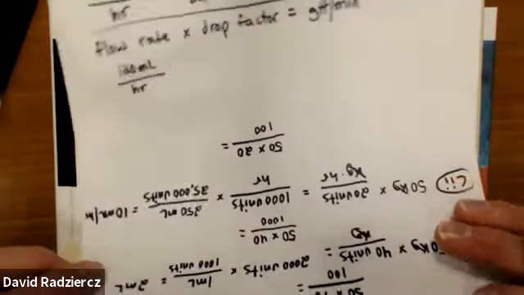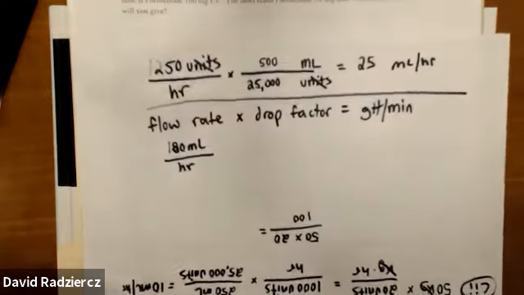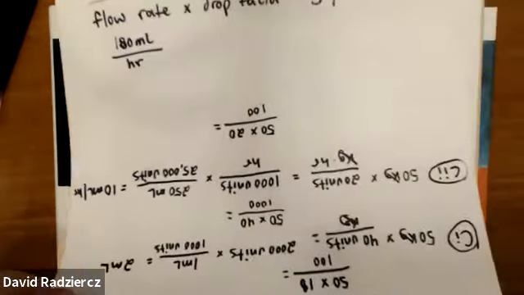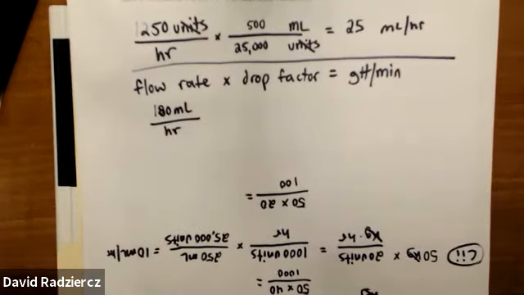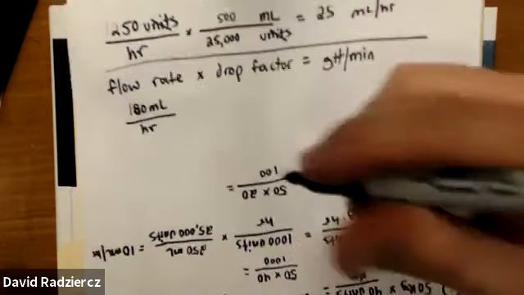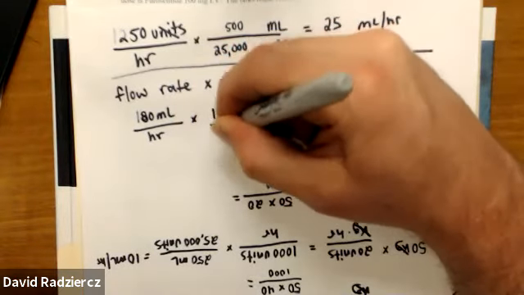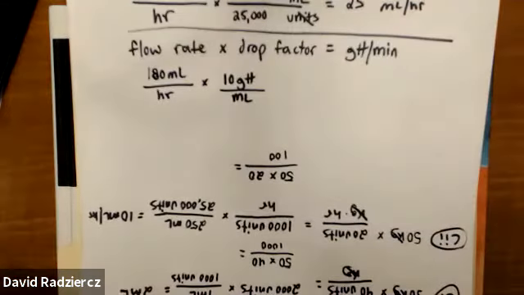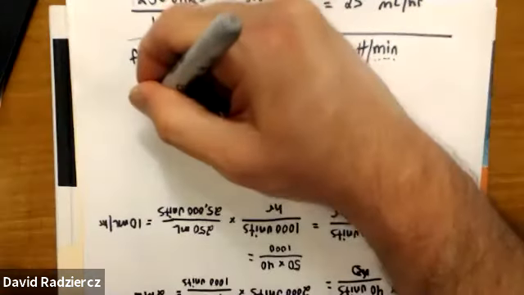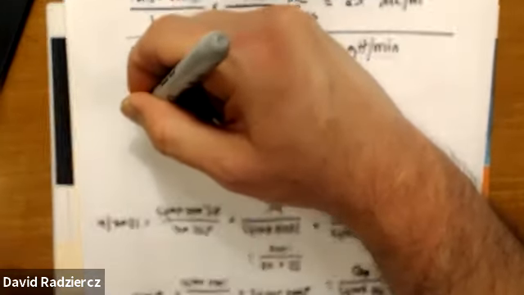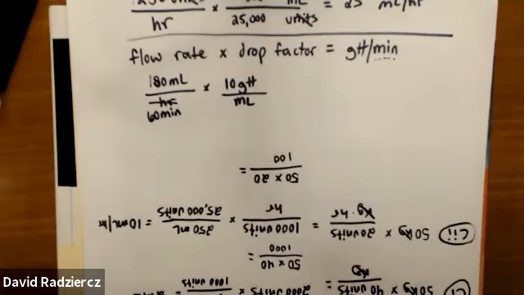Oh, I'm sorry, 180. I was just wondering where you got that from. I'm just making up numbers. Okay, 180. That's what I have on here. So that's the flow rate. The drop factor they give you is 10. Now, as a shortcut, because we're going into minutes, what I would recommend doing is just cancel that hour and make it 60 minutes. You don't need to do an additional conversion.